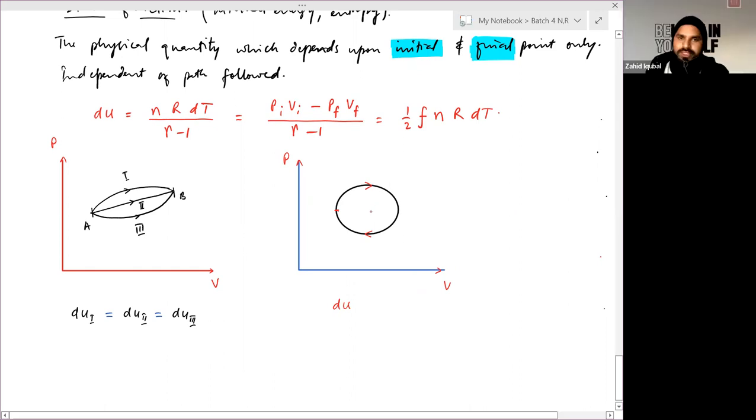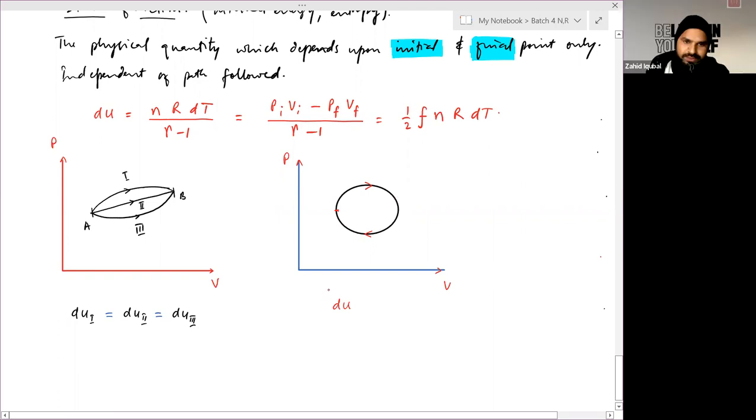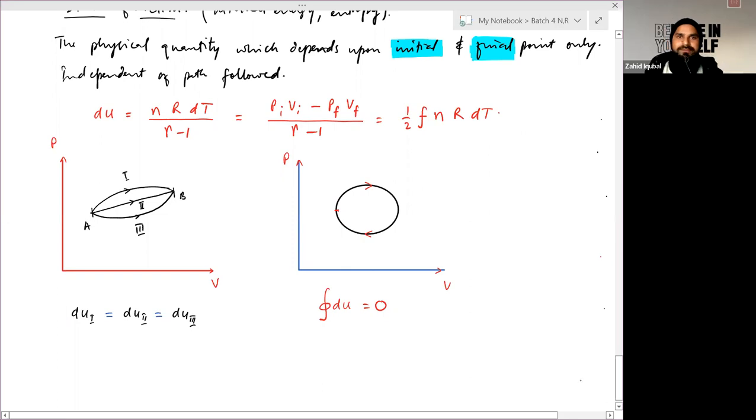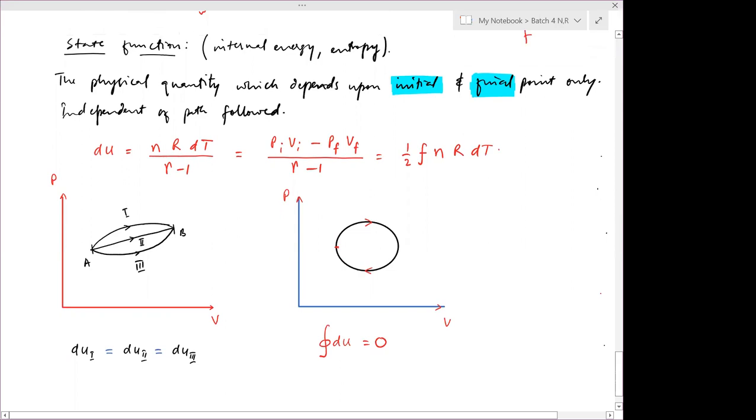What will be the value of change in internal energy for this closed path curve? 0. Good. So we can say change in internal energy for any closed path will always be 0. Since the initial point and final point are the same, the difference of these two terms must be 0. Yusra, any doubt? No, sir. Okay, just write it down.